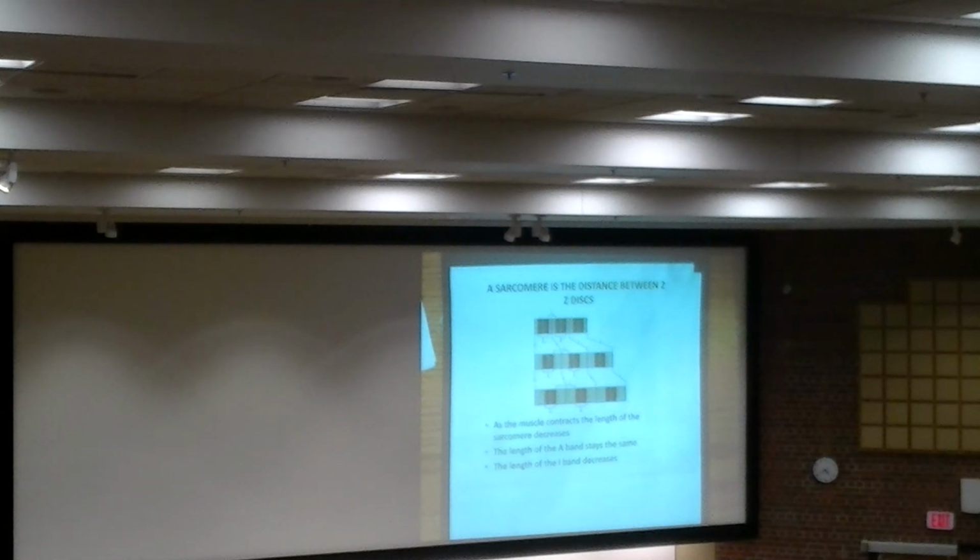No, it's staying the same. Whether it's fully relaxed or fully contracted, the A band has the same length. What about the I band? The I band decreases in length as the muscle contracts.